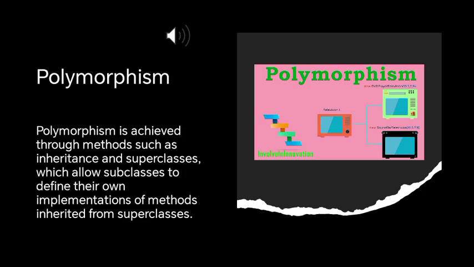Polymorphism is achieved through mechanisms such as inheritance and superclasses, which allow subclasses to define their own implementation of methods inherited from superclasses.